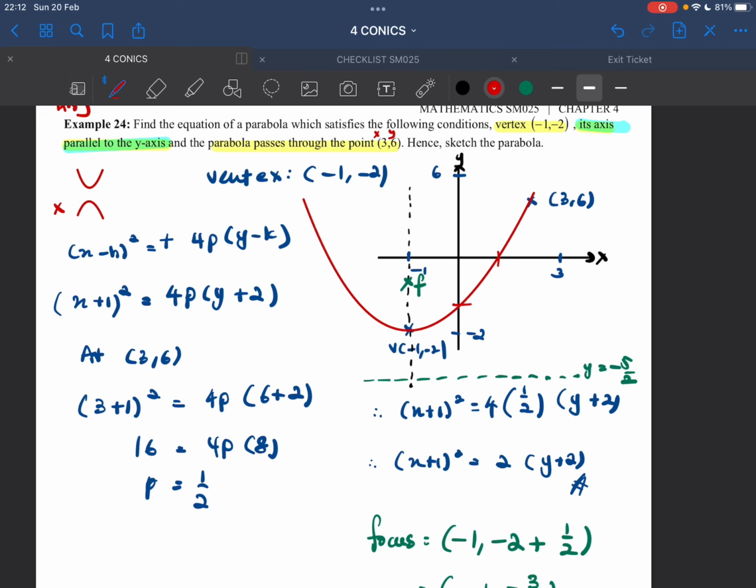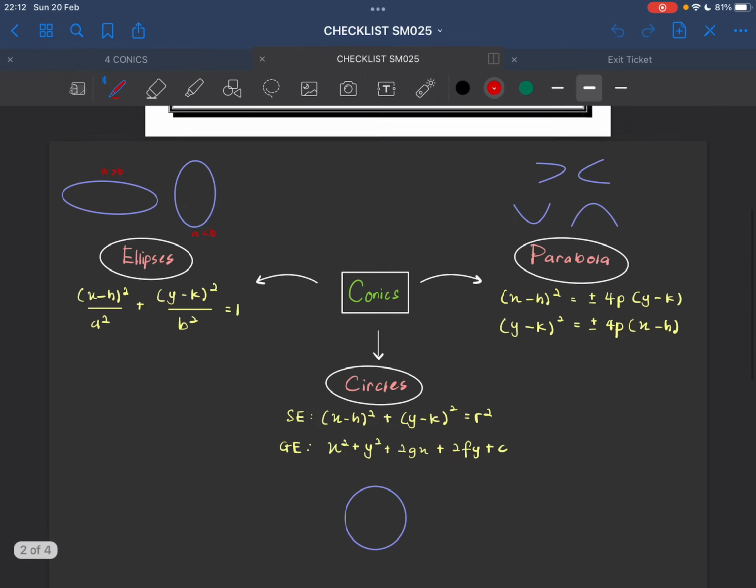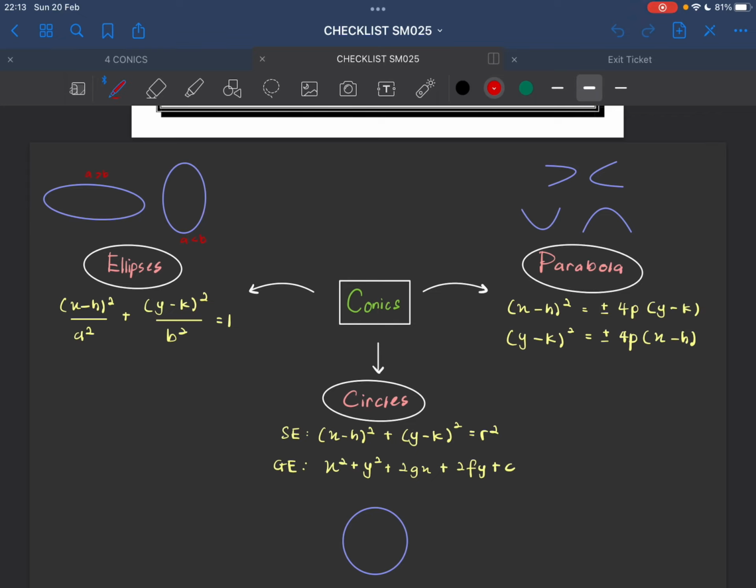So let's recap a little bit on chapter 4. For circles, we have so many things to remember, so many things to do, so many questions can be asked. For ellipse, we have the shape here, and for the parabola, we have 4 shapes here.